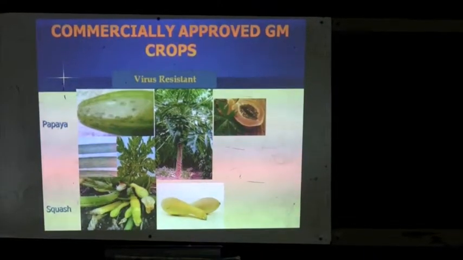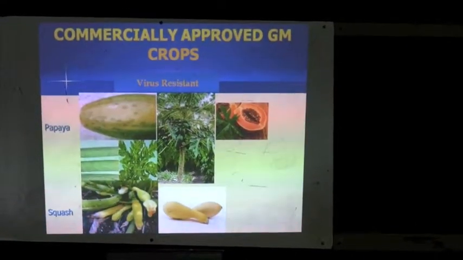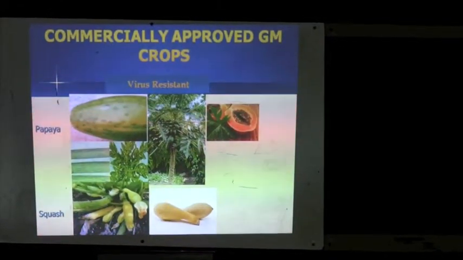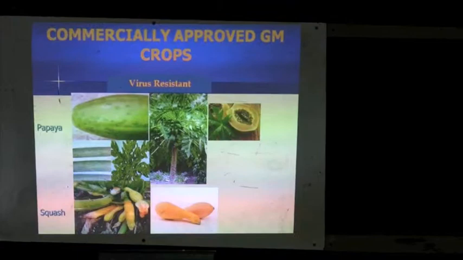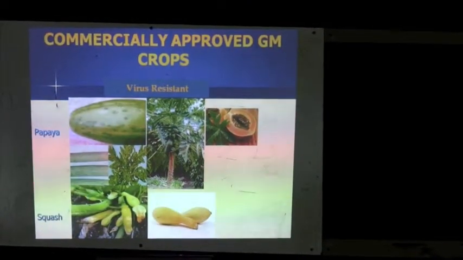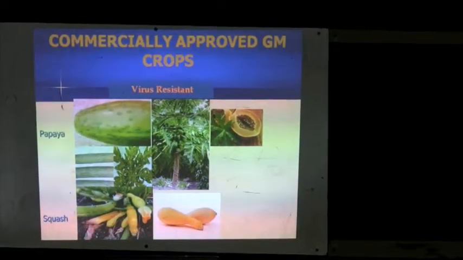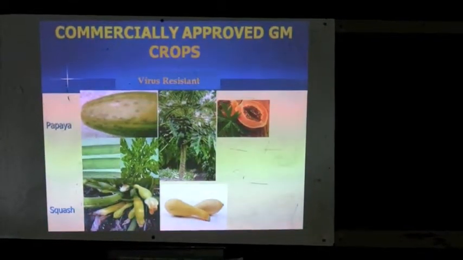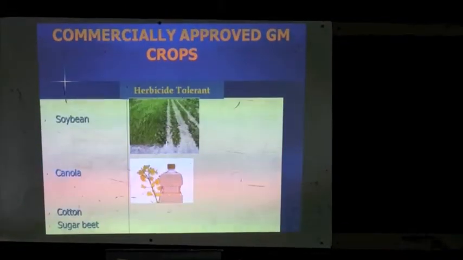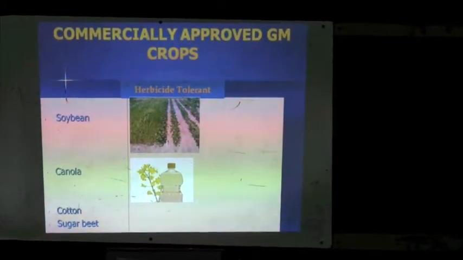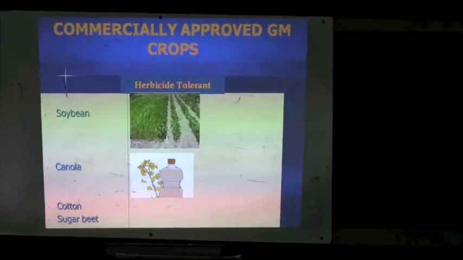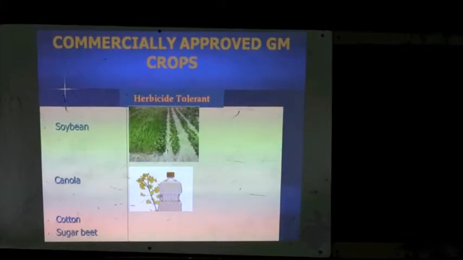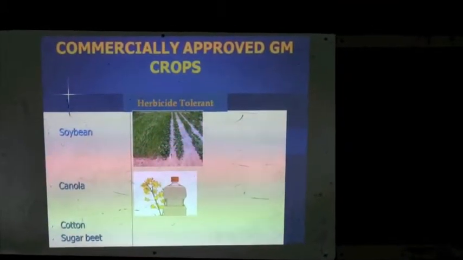Commercially approved GM crops in terms of virus resistance, we have the papaya ringspot, and we notice on that fruit, as the name implies, there are those rings on the leaf, we can see the mottling of the leaves, and even in the squash. But with transgenic papaya, there is a greater improvement in the product quality. There's also herbicide-tolerant crops, for instance, soybean, where there's a chemical known as Roundup Ready.